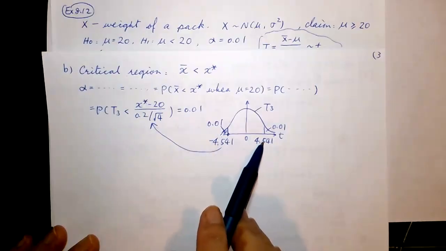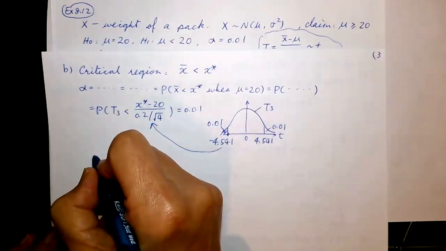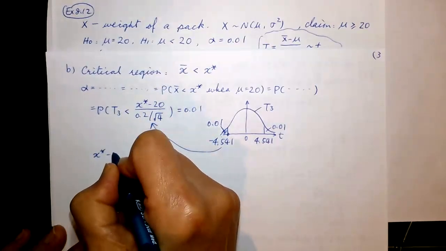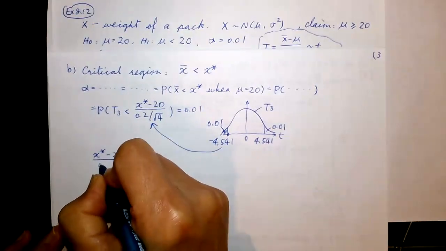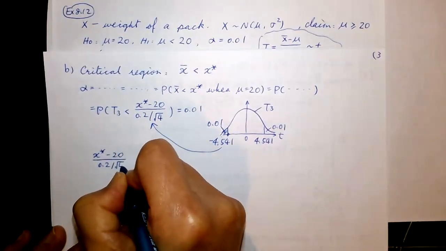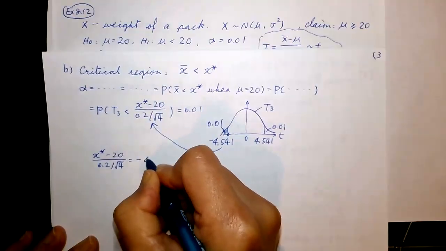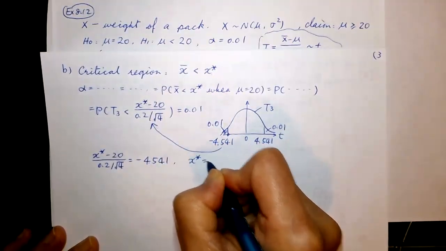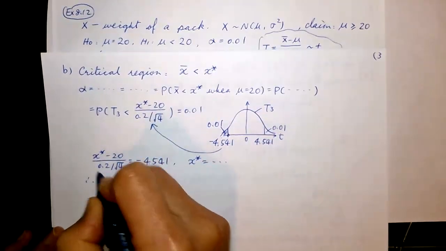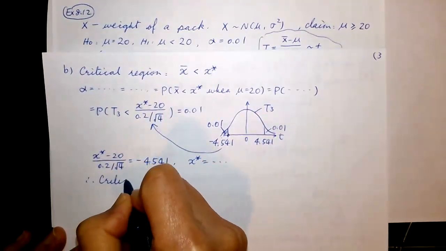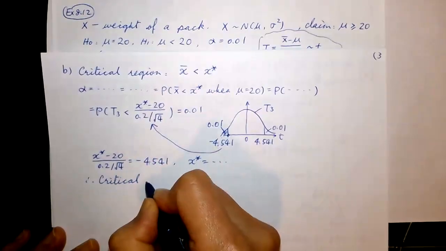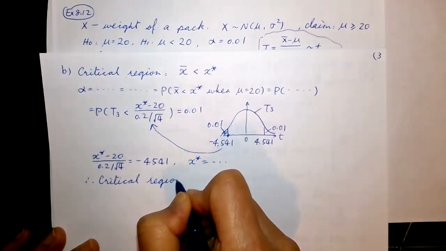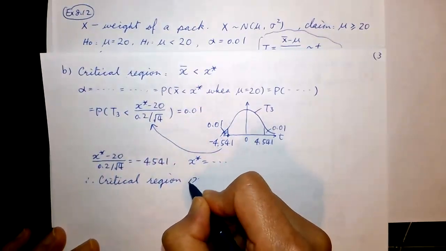No matter t or z, to find the negative t or z value, you have to start with a positive. Now you make these two equal. Calculate, and draw a conclusion that you have the critical region now.